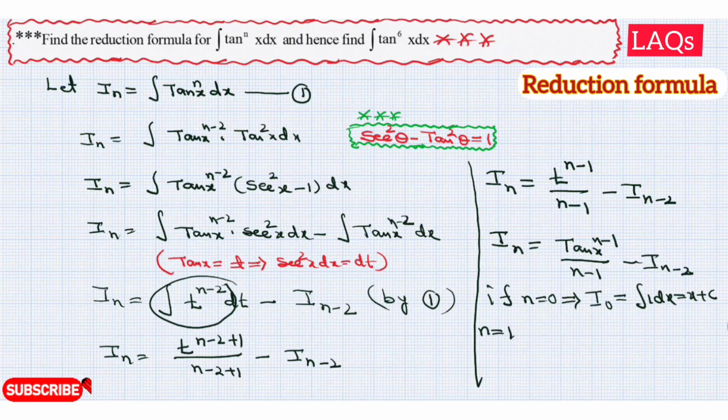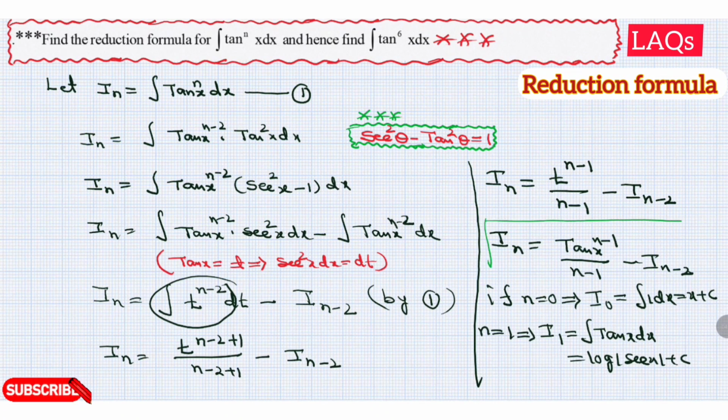If n equals 1, then I1 equals integration tan x power 1, which is tan x dx, equal to log secant x plus c. This is the reduction formula for integration tan x power n dx.